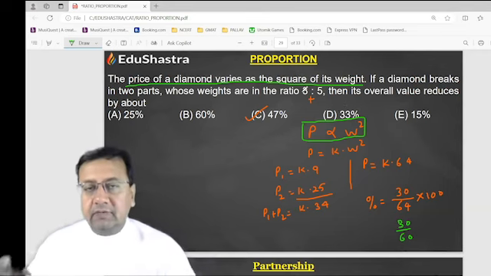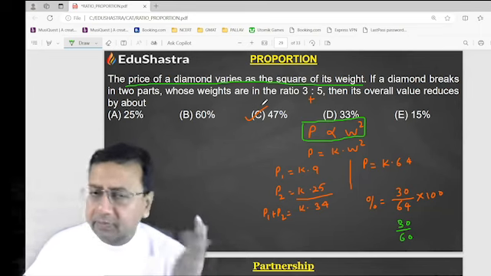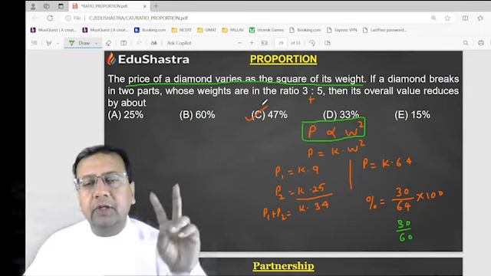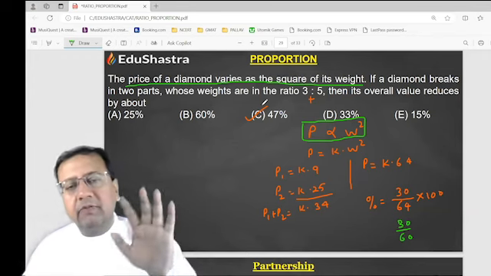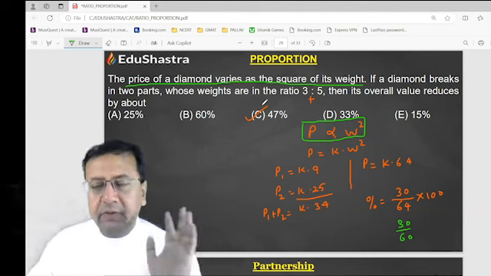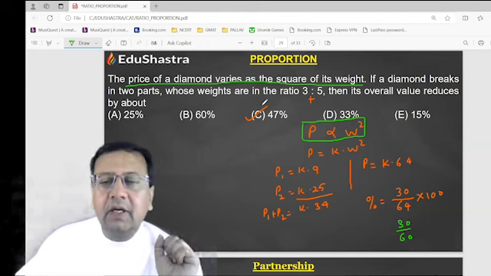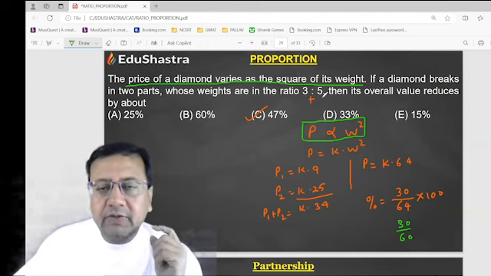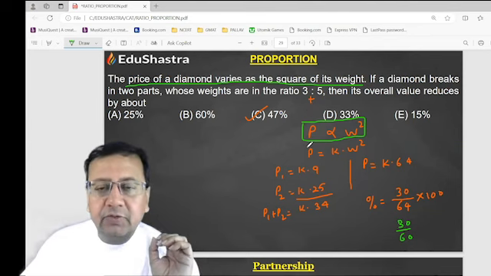Now there is one piece, and this one piece has some total weight, and it is now broken into two parts. So one part is weighing say 3 kg, other part is weighing say 5 kg. If I take in kgs, the complete weight should be 8 kg. So I am putting these 3 and 5 values for calculating the individual price of these two parts.